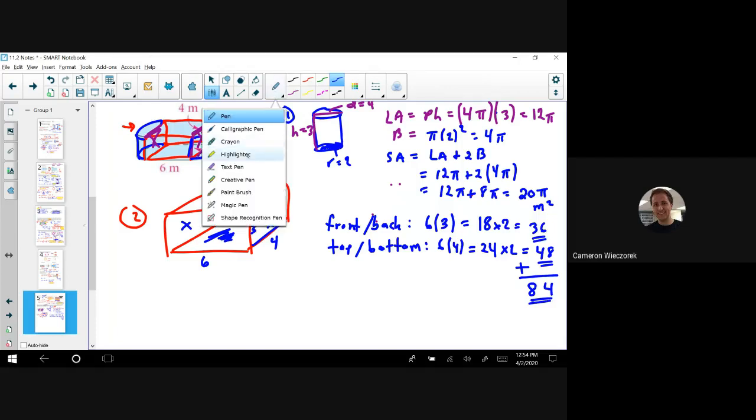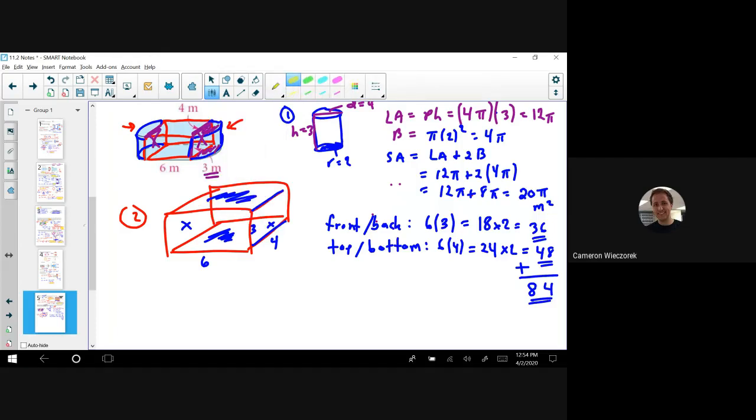So what do I have to add together now? My total surface area. If I include all of these circles, the lateral area on the outside, this curvy part, and I include the pieces of the box that I want, not including the left and right, my total surface area is going to be the 20 pi square meters plus the 84 square meters.